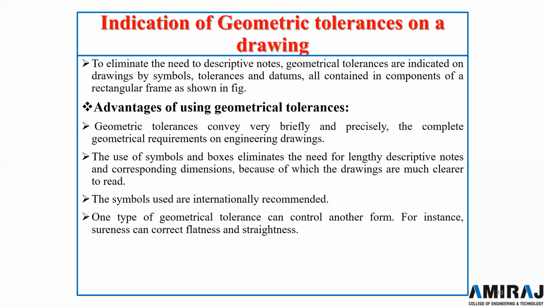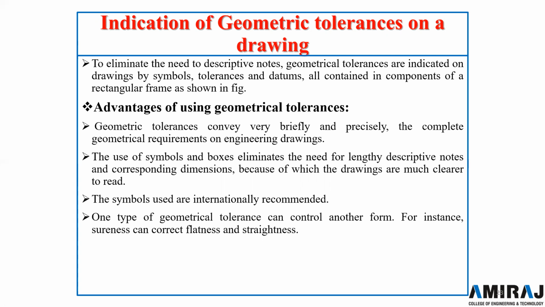Now, the symbols used are internationally recommended. Then, one type of geometric tolerance can control another form, for instance, the surface can control the flatness and straightness. So, to conclude the advantages of using geometric tolerance: it is very precise in conveying the complete geometric requirements for the engineering drawing.